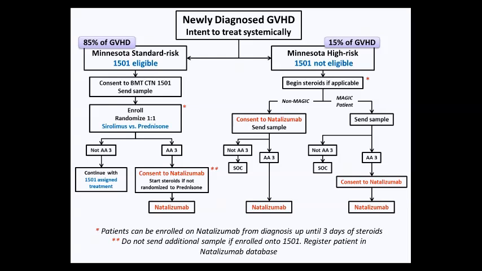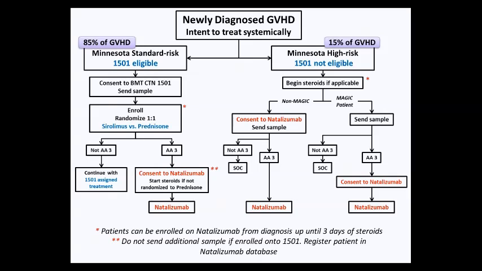So newly diagnosed GVHD, intend to treat systemically. By the data, 80% of those GVHD patients will be Minnesota standard risk. Those guys are 1501 eligible. Minnesota high risk, I even showed when I presented, even with the beautiful app. It's based on how many organs, but it's kind of complicated.